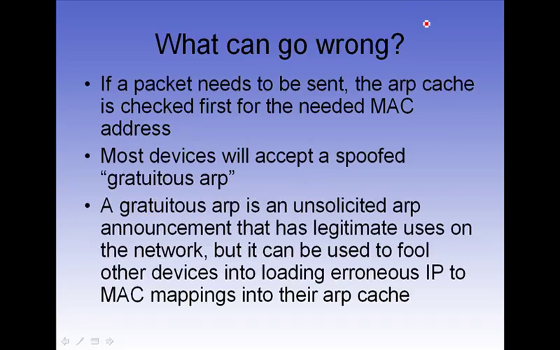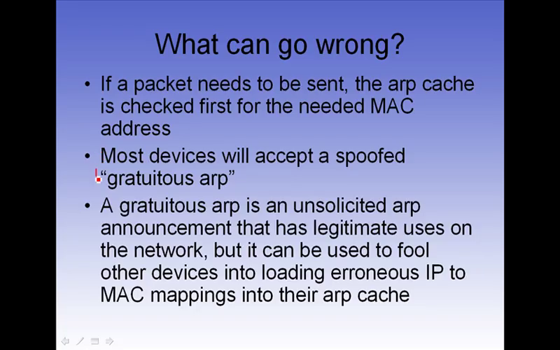Okay, what can go wrong here? In the process, if a packet needs to be sent, the ARP cache is checked first for the needed MAC address. When ARP is implemented on any device in the TCP/IP stack, some decisions have to be made.